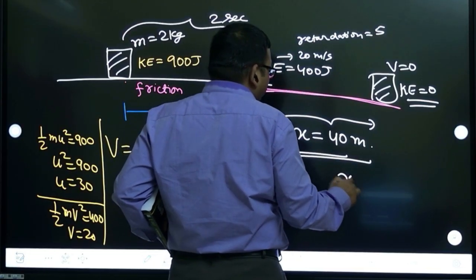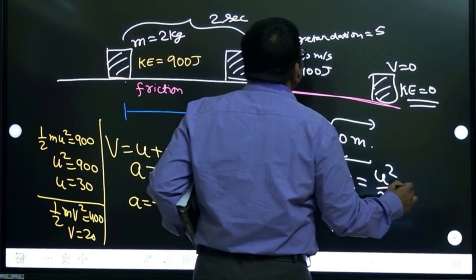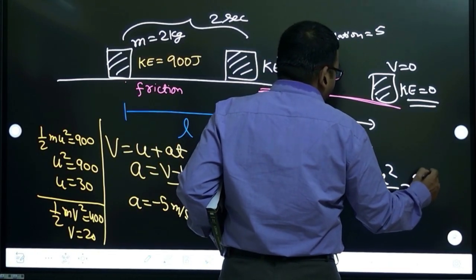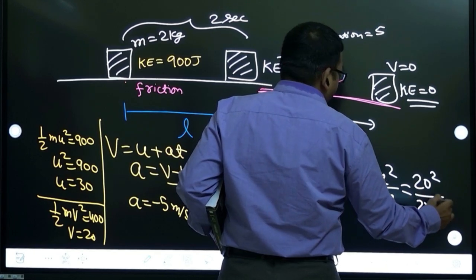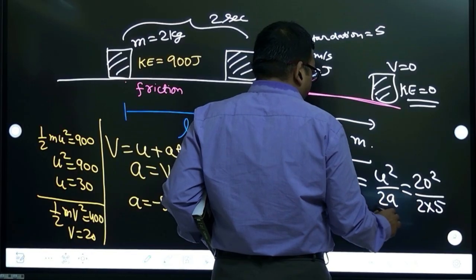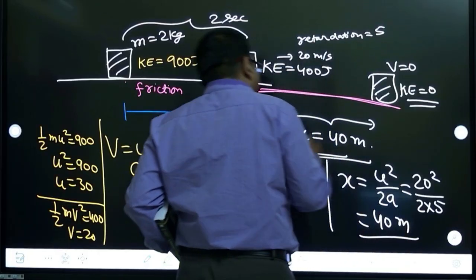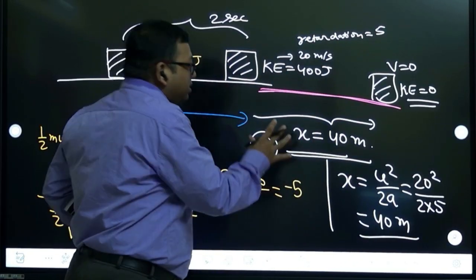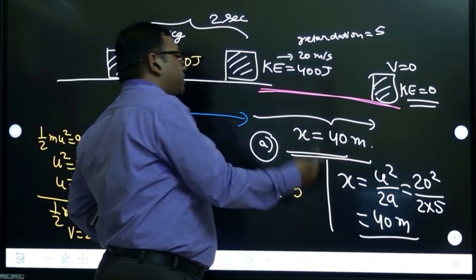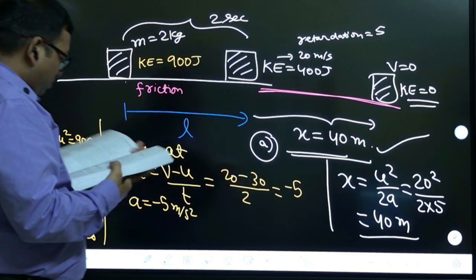Calculate fast. u square by 2a, so 20 square by 2 into 5. 400 by 10 is 40 meters. Yes, that means this option which says 40 meter it will stop is the correct option.